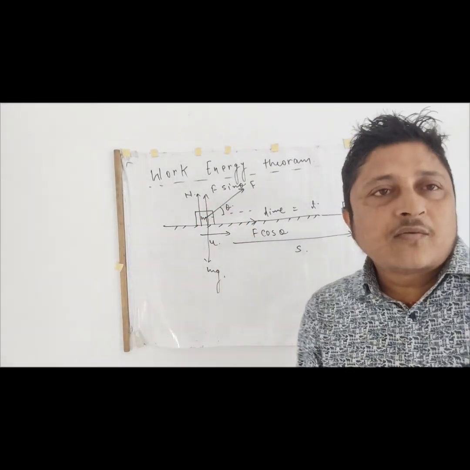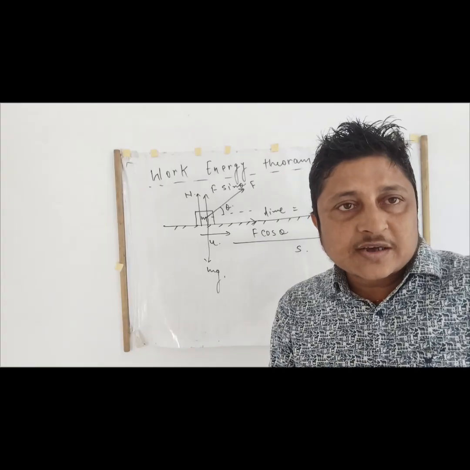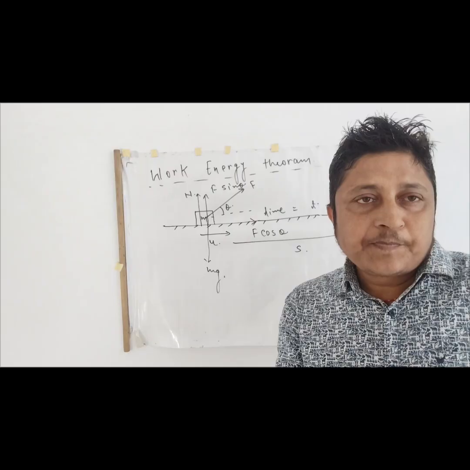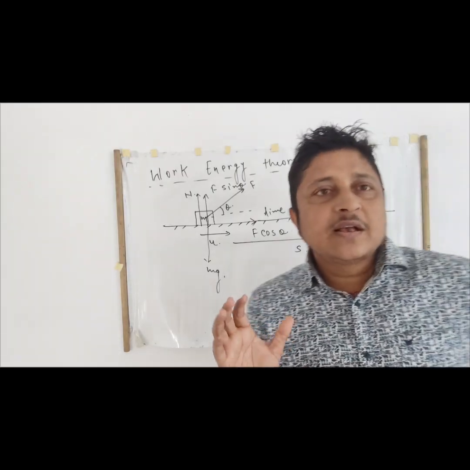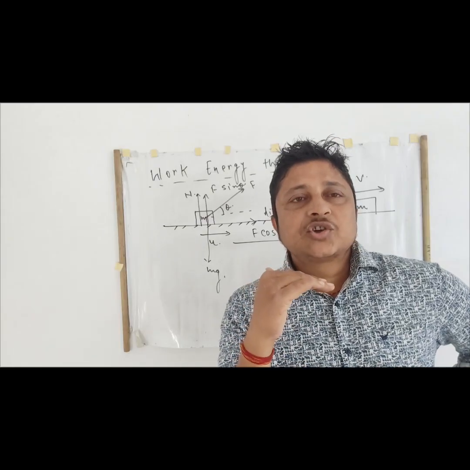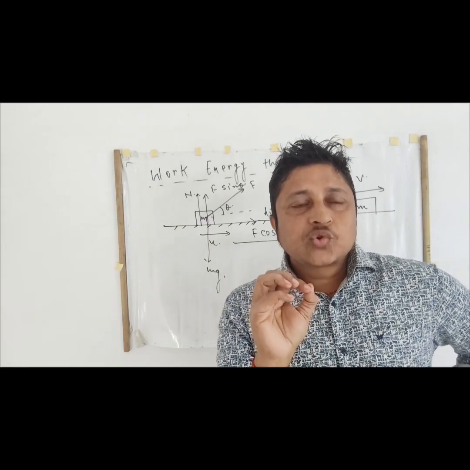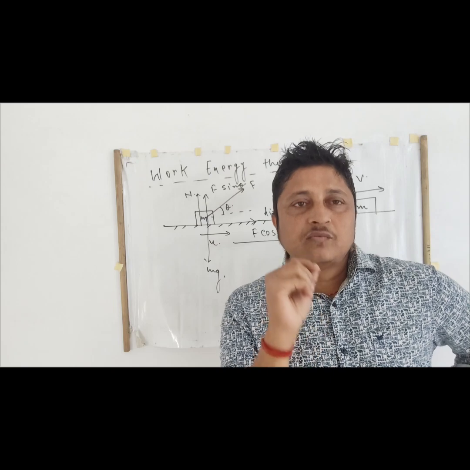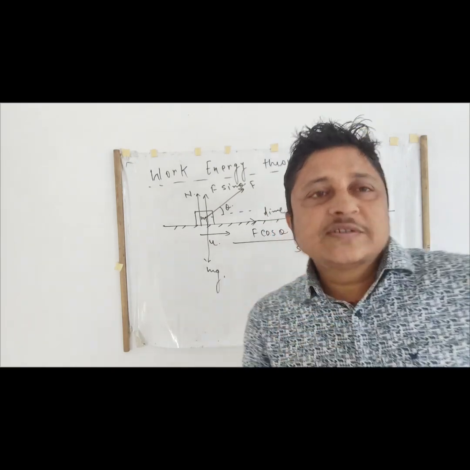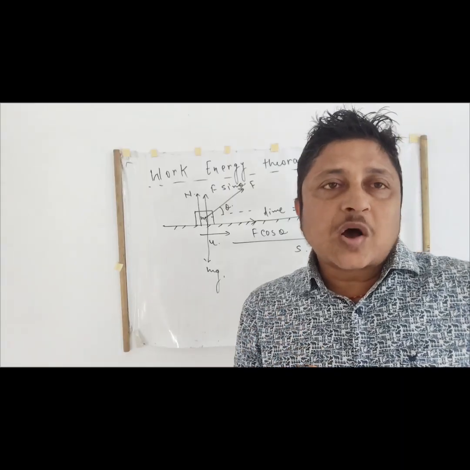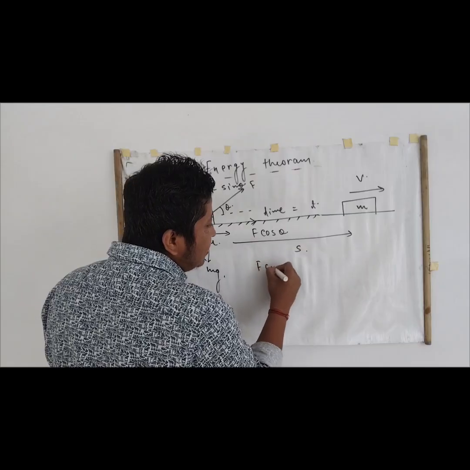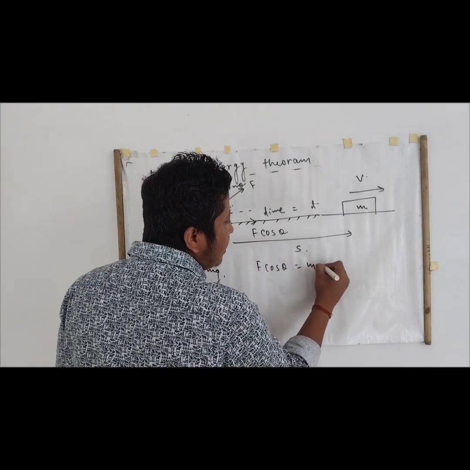The only component of force which acts along the horizontal direction is F cos theta, and it produces the acceleration in the body. The force acting on the body is constant and the inclination with the horizontal is also constant, so F cos theta, which acts along the direction of displacement, is also constant. From Newton's second law, the net force causes the acceleration, so F cos theta is equal to ma.